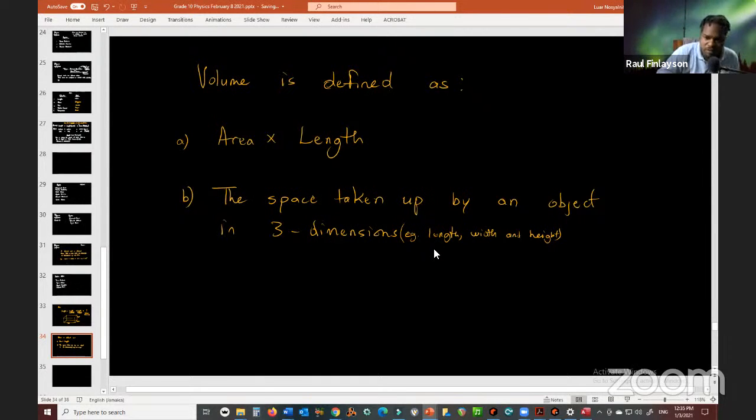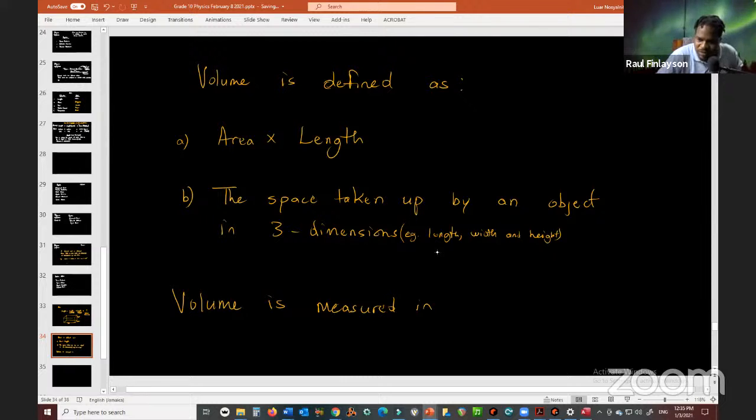All right. Now, volume is measured in what? If we say the same thing as today, the quantities.